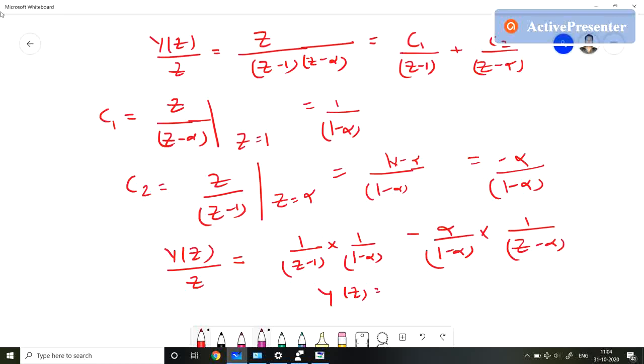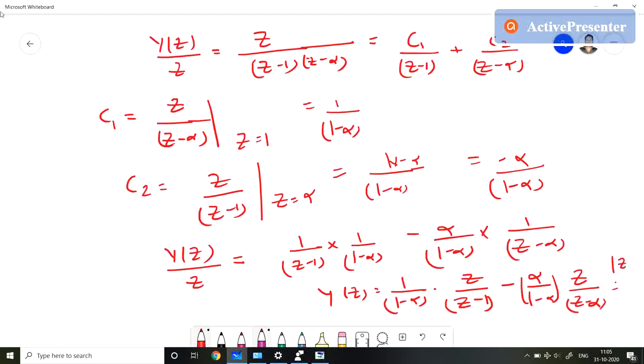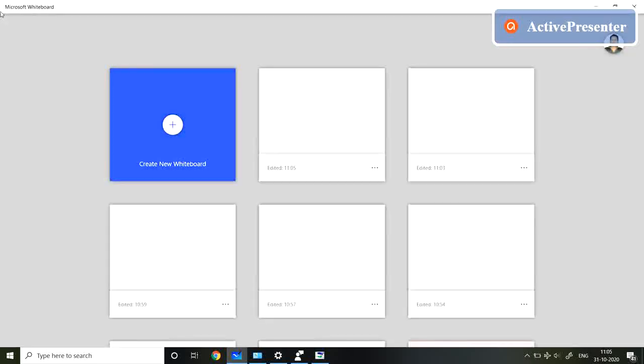So we will get 1 divided by 1 minus alpha multiplied by z divided by z minus 1, minus alpha divided by 1 minus alpha multiplied by z divided by z minus alpha, and the ROC is modulus of z greater than 1. So this is Y(z).